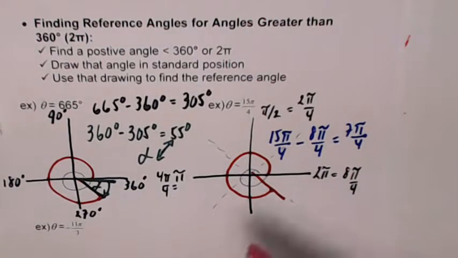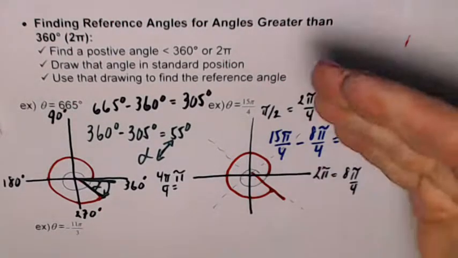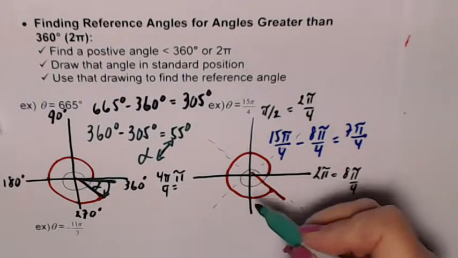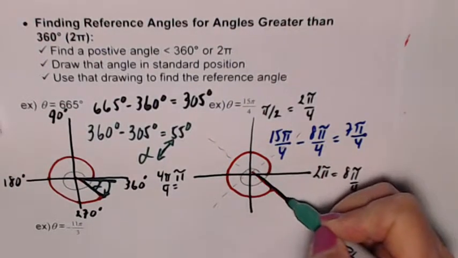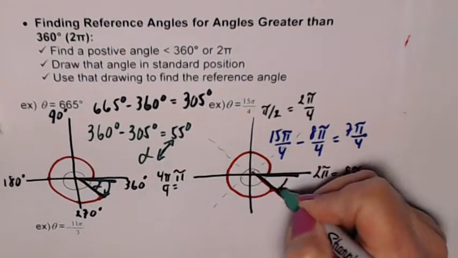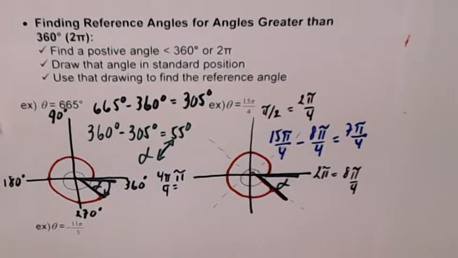Again, when we have an angle bigger than the 360 or 2 pi, essentially we ignore all the complete rotations that we've pulled out when we're finding the reference angle. And our reference angle is formed between the terminal side and the x-axis. So this is our alpha here.